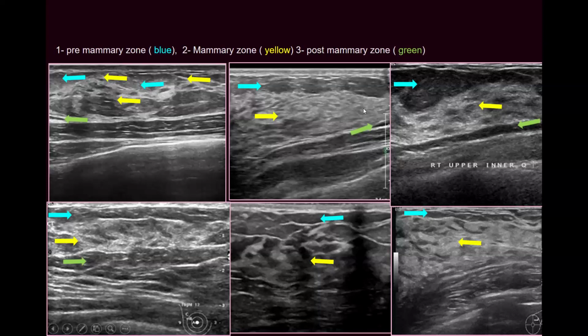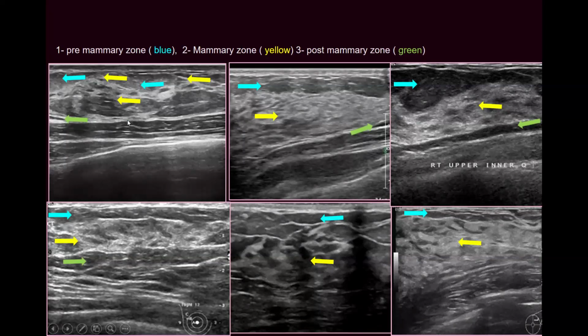Okay, here we can see a thick layer of mammary zone and pre-mammary zone. But this is the pectoralis muscle, except for this very thin, small area of retromammary fat representing the postmammary zone or retromammary zone. You see? And here we can see the breast resting over the pectoralis, except for this small retromammary zone.